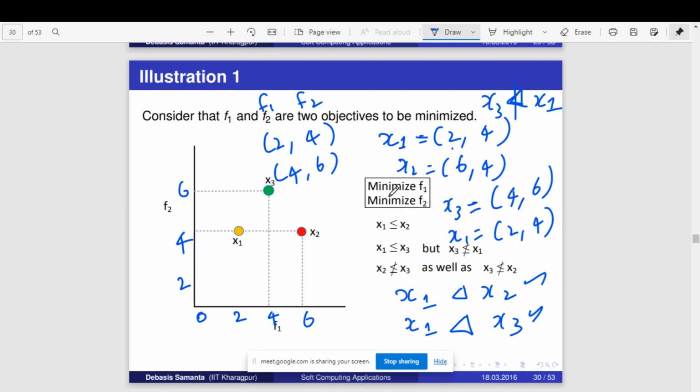What about x2 and x3? Can you say that x2 dominates x3? This is x2, 6, 4. x3 is 4, 6. Can you say x2 dominates x3? So the first rule, condition 1 fails. Yes. What about condition 2?